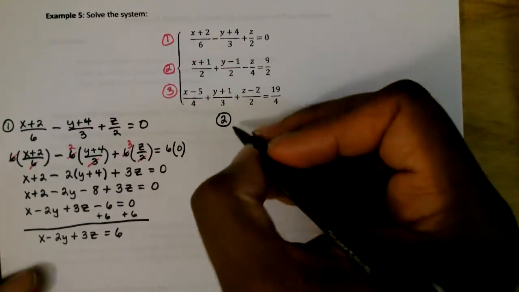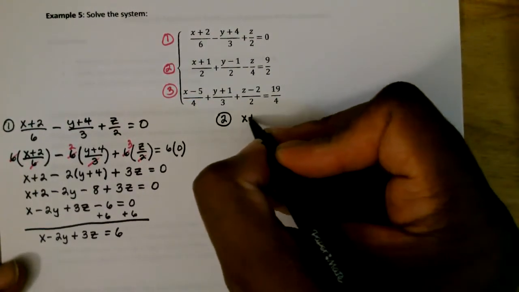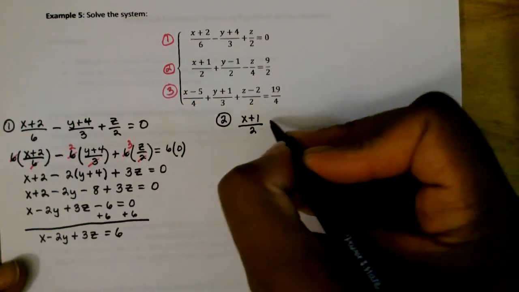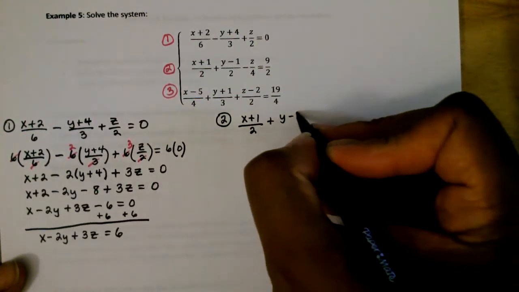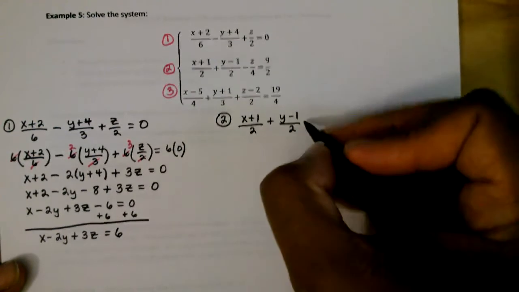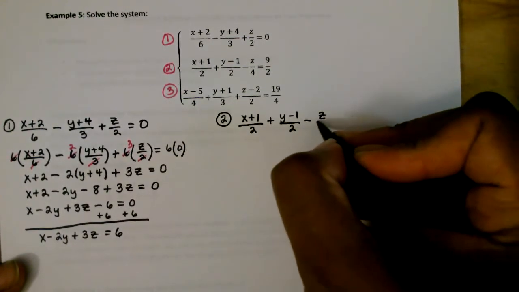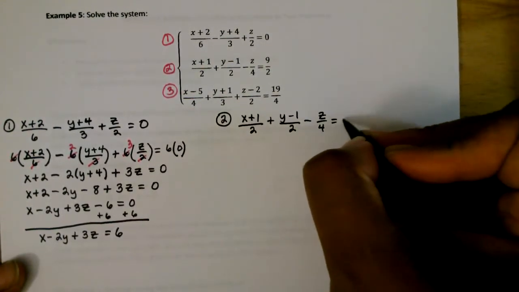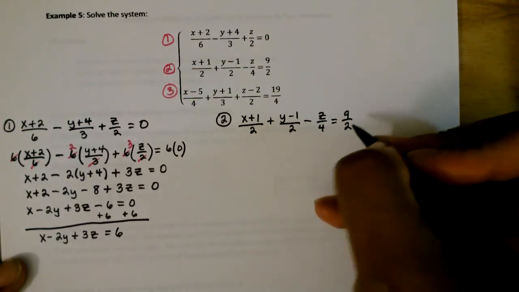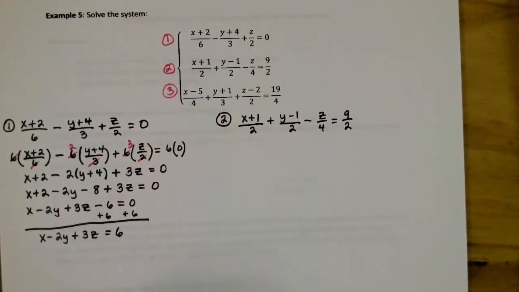Now let's look at equation 2. Here we've got (x + 1)/2 + (y - 1)/2 - z/4, and that's equal to 9/2. Now in this case here, I need to find a least common denominator for 2 and 4: the smallest multiple that is divisible by 2 and by 4.